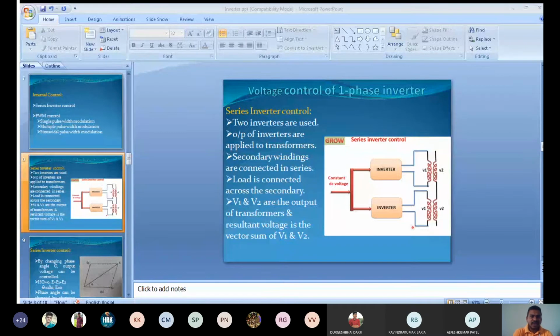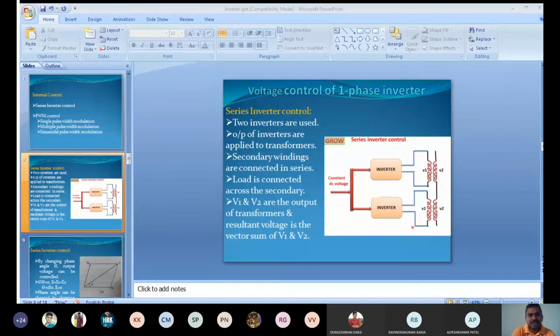So here we are giving a carrier signal and a reference signal, these two signals, to the comparator. This comparator compares these two signals and produces an error signal. This error signal is given to the triggering pulse generator, which generates the trigger pulse.